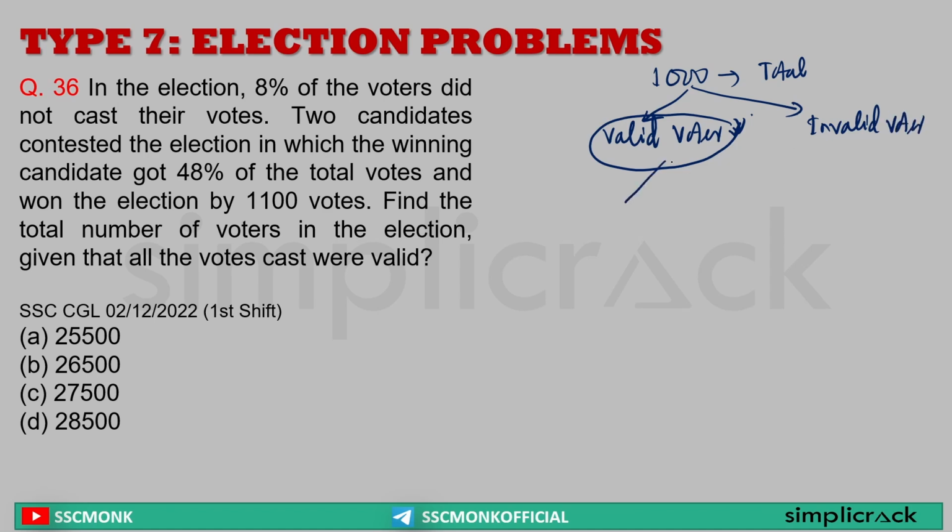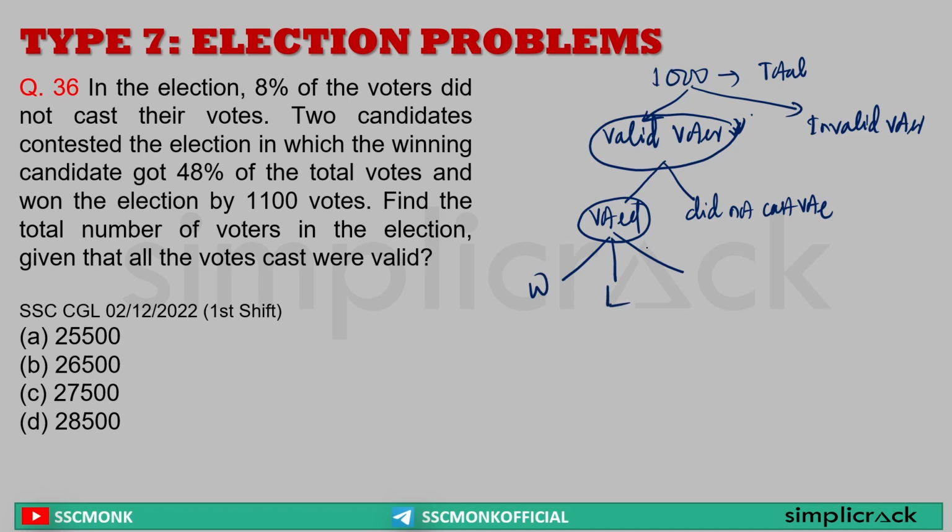Now, out of the valid voters, there will be two scenarios. First scenario is that few people voted and few people did not cast their vote. That means they did not go for the voting. Now, when the voted situation comes, there will be three situations. First, someone will get more votes, he will win. Second, someone will get less votes, he will lose.